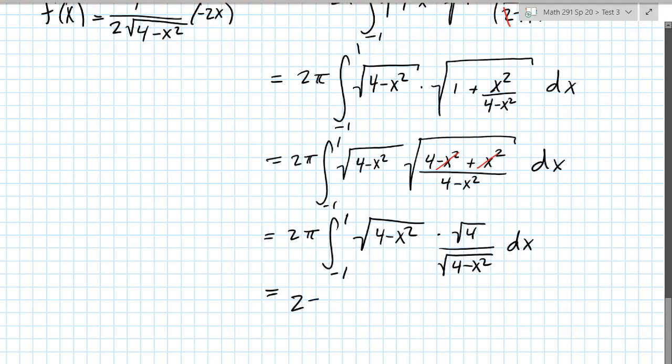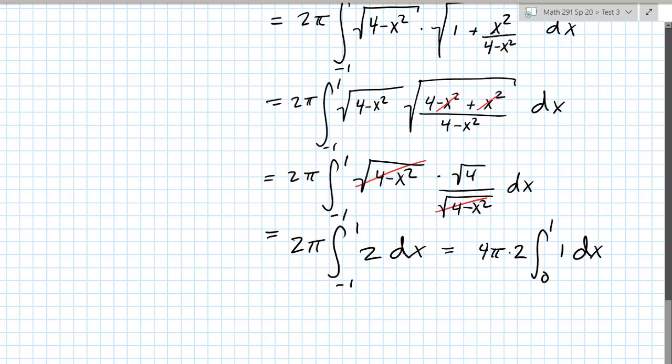So we have 2 pi from -1 to 1 of 2 dx. If you want, you could use symmetry and double this integral so that we have, bringing the 2 out, 4 pi times a 2 from 0 to 1 dx.